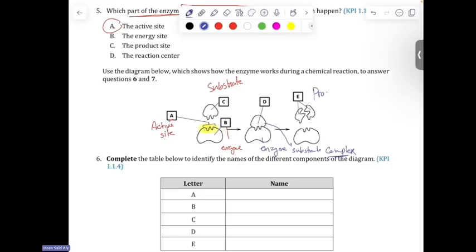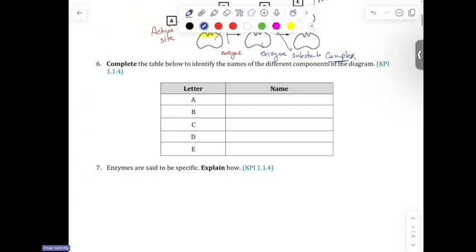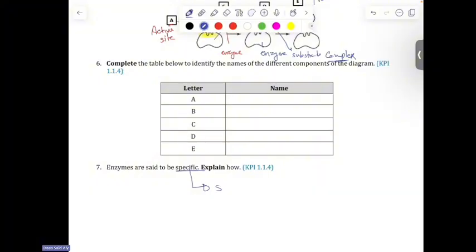E or products. خلاص. Simply you can transfer them in the table. The question that I told you about. Enzymes are said to be specific. Explain. This question is out of 3. You will get the first point when you write that they have specific active site.